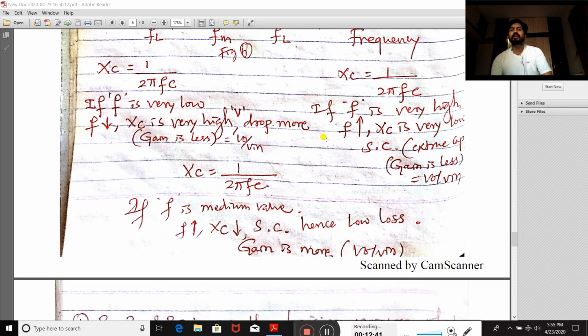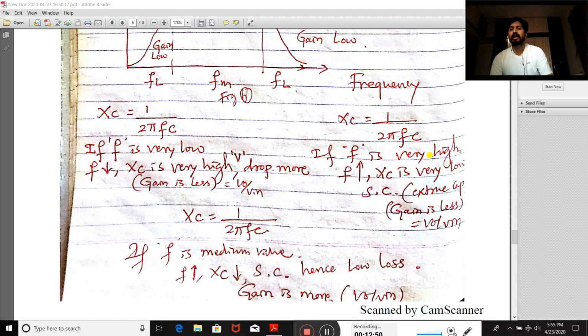Now consider another case. If F is very high, earlier I said sufficiently high, here it is very high. So what happens? Xc is very low, that means it is a short circuit only, there is no problem.